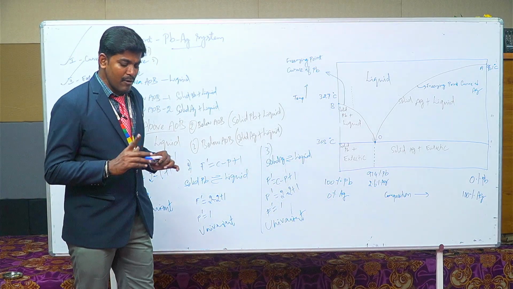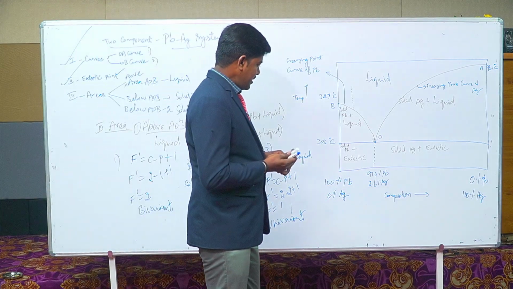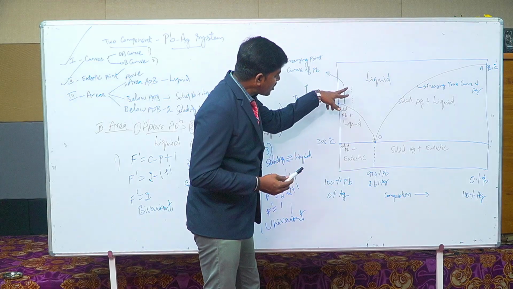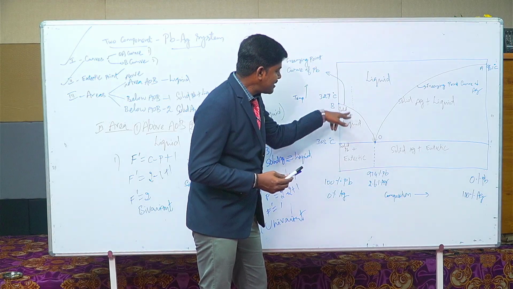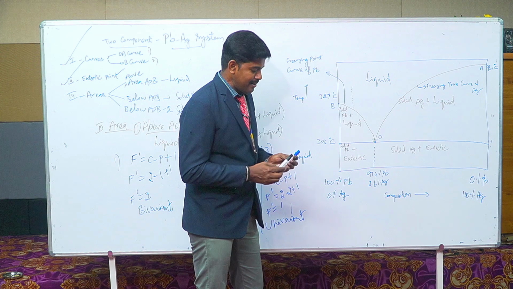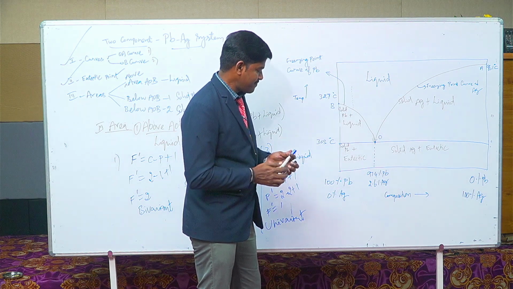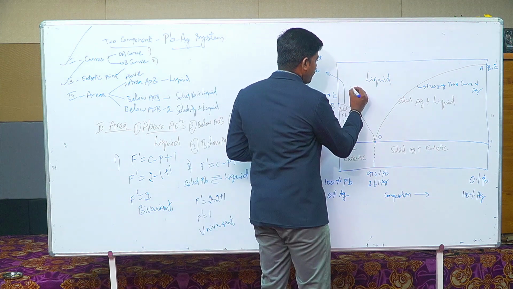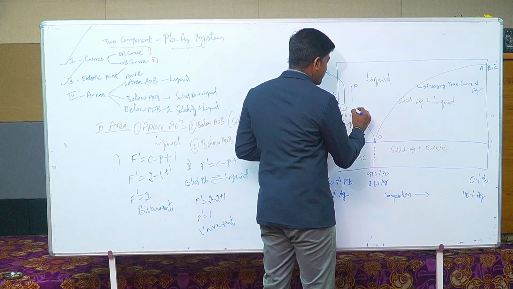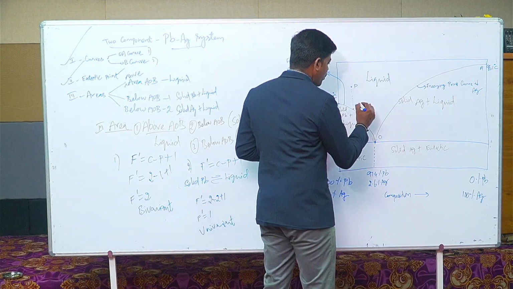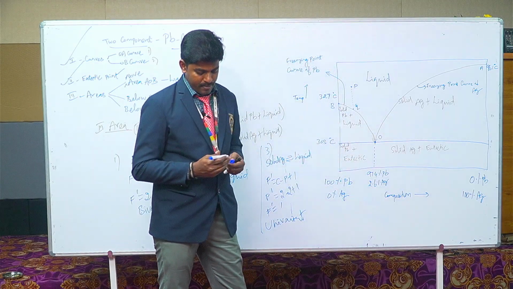I am left with one more point. See, I have drawn one dotted line here. I didn't discuss this dotted line. Now I will name this dotted line's ends as point P and point Q. What are the points P and Q, sir?